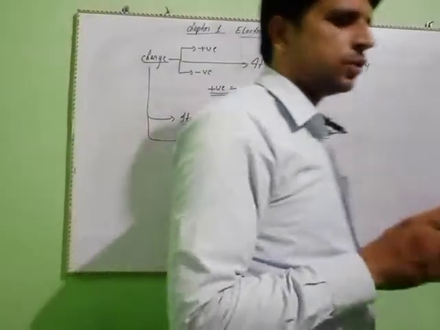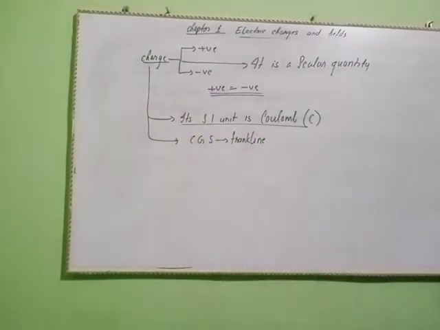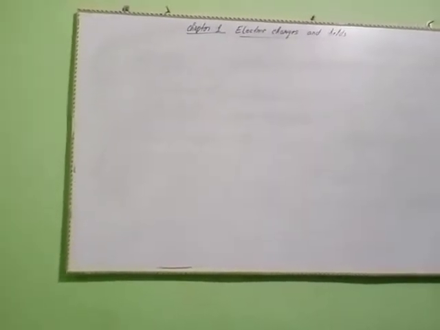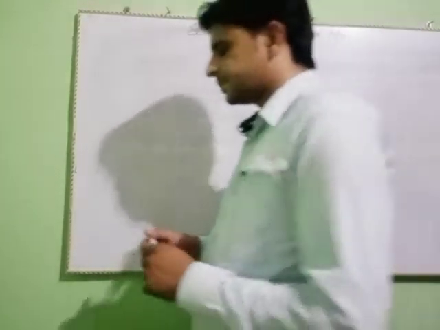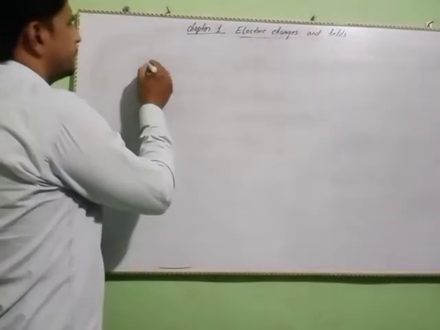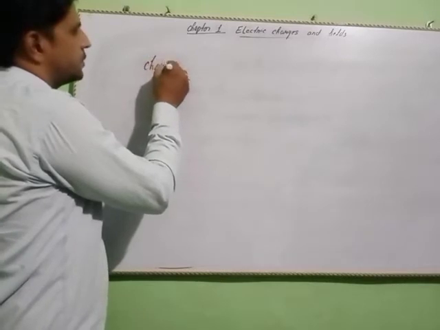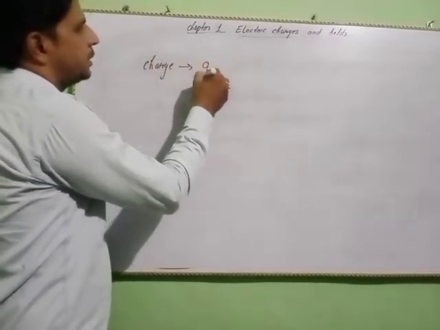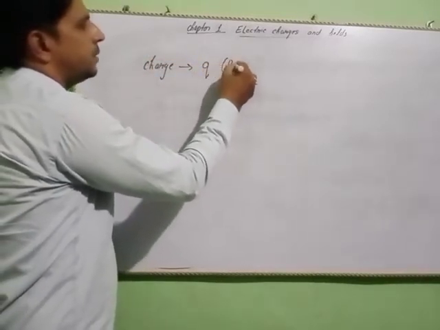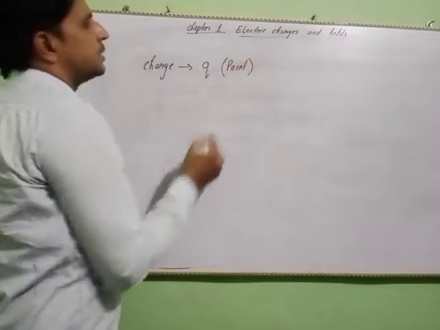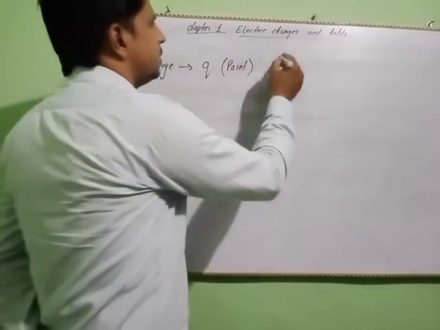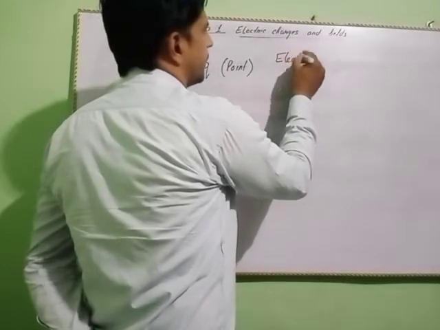Now moving ahead, we will represent charge. Charge will be represented by Q, and Q is known as a point charge. This unit is electrostatics.